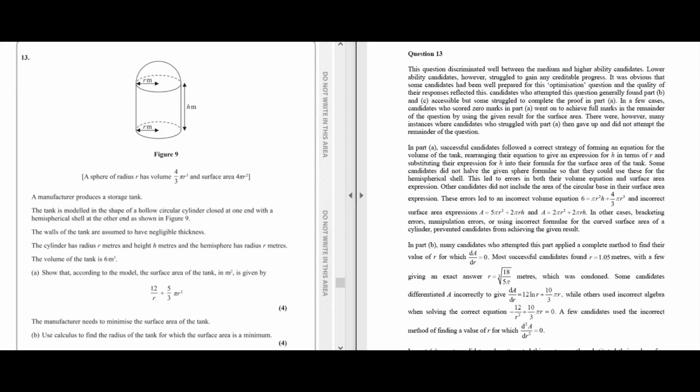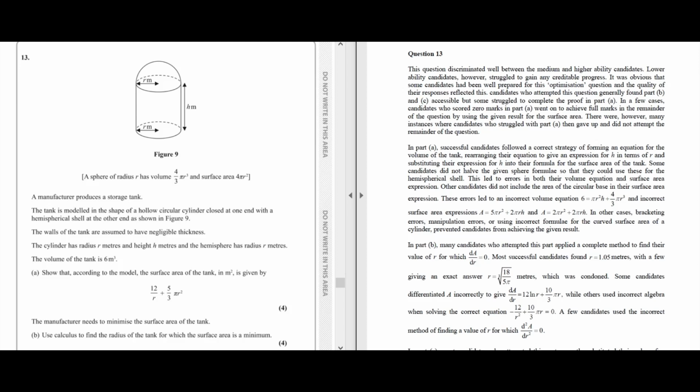Question 13, this was actually quite a hard question. Let's see what's said in this question. For part A, successful candidates followed a correct strategy of forming an equation for the volume, rearranging the equation for h in terms of r, and then substituting that into the surface area. That's exactly what we did.